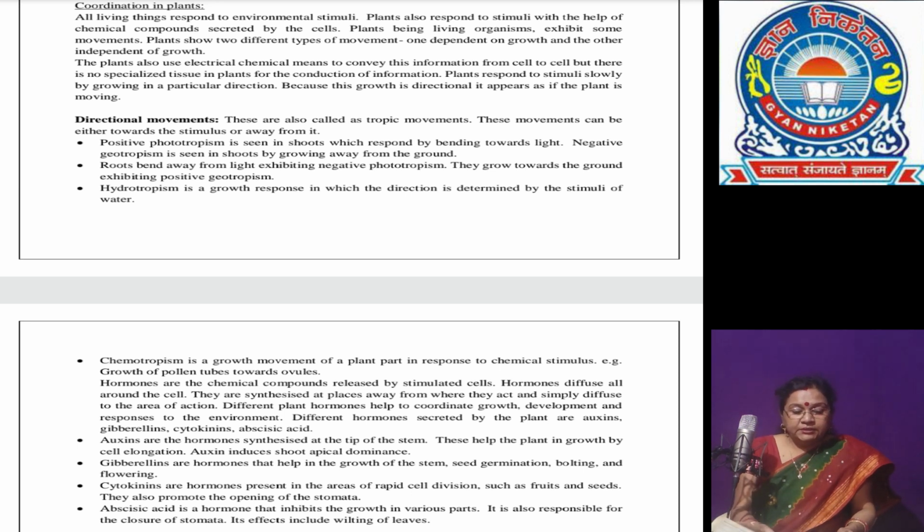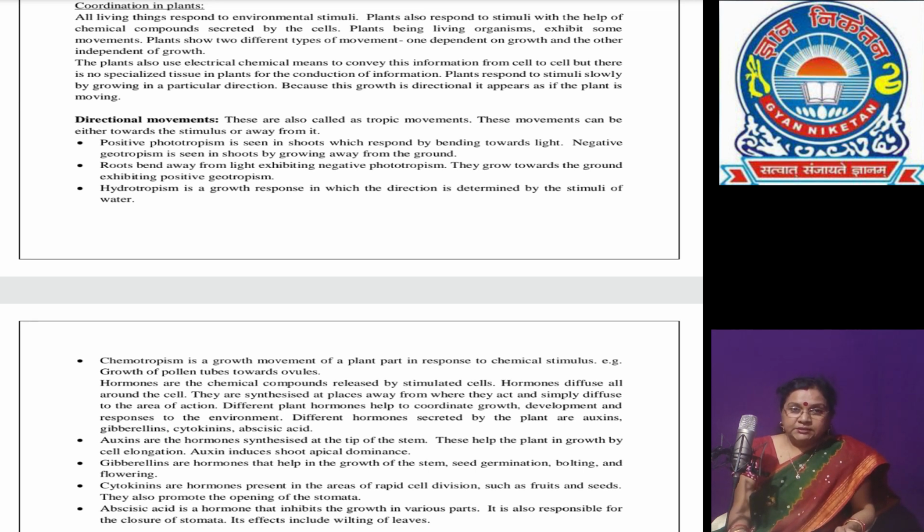Now let us discuss types of phytohormones. There are basically 4 types of hormones, but here we will be discussing the 5th type also. So, the 4 types of hormones are auxins, gibberellins, cytokinins, abscisic acid, and the 5th one is the only gaseous hormone, the ethylene.